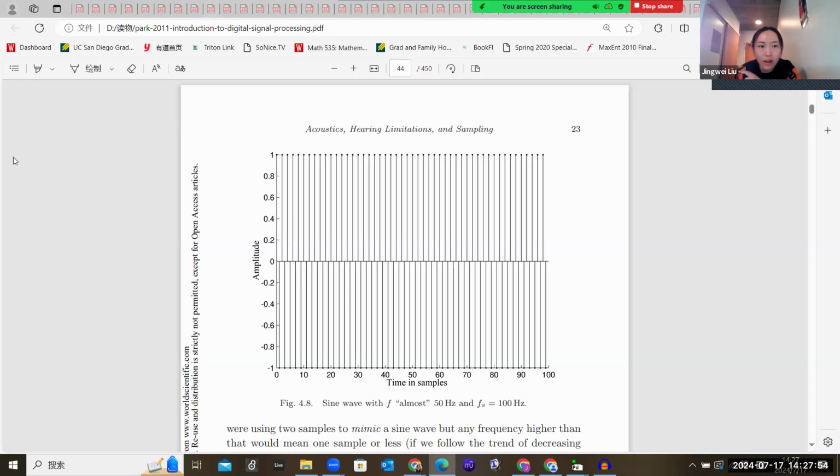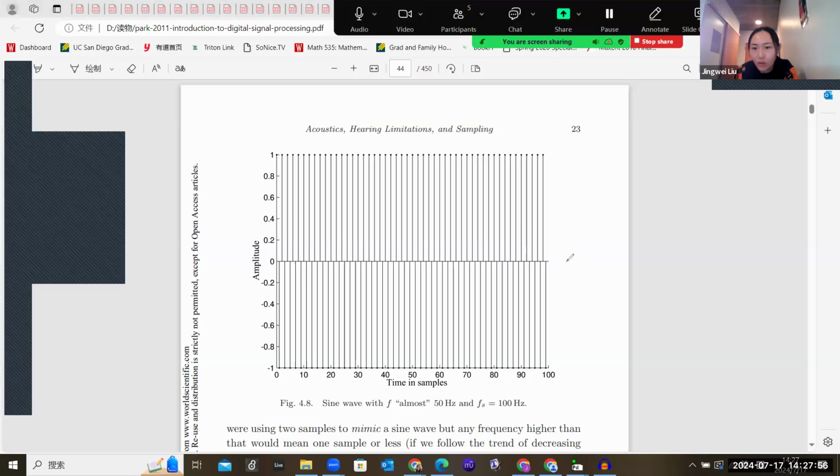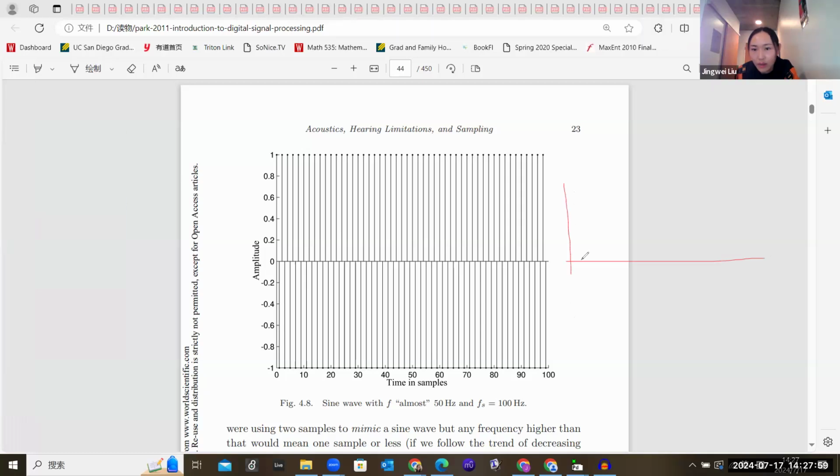For example, I have a sinusoid, a sine wave like this. This is one cycle of a sine wave. Normally, if you have a large enough sampling rate, you can sample this wave with many points so that it's well represented. You know it's a sine wave and you know this shape because you have enough points.